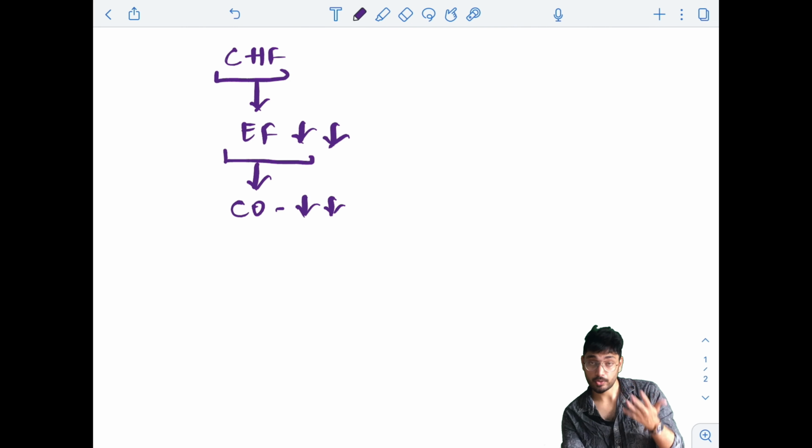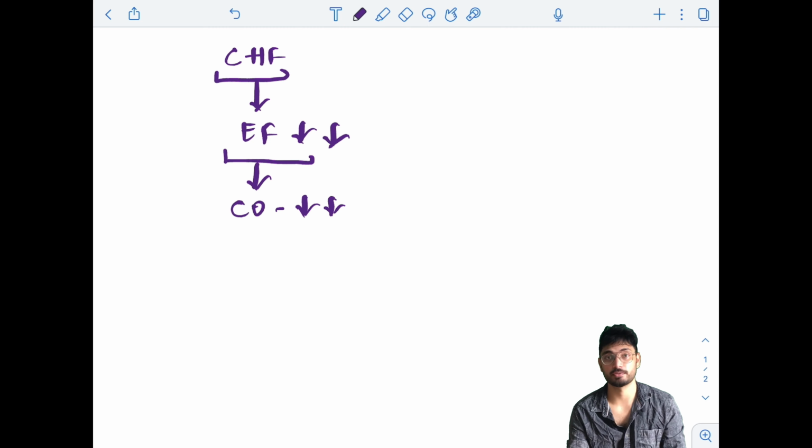So in order to maintain the normal cardiac output, the brain will be activated. It will tell the sympathetic nervous system to come into play to maintain the cardiac output within the body.